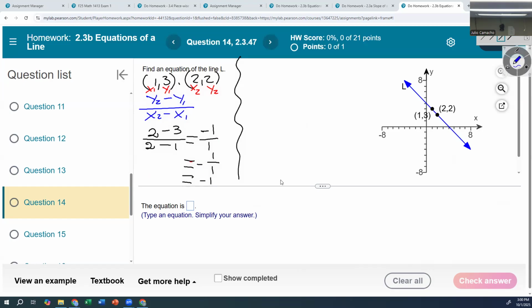So using this information, I will use my second formula. My second formula is the point slope: y minus y1 is equal to m times x minus x1. So I need my data. The point I will use will be 2, 2, and my slope is negative 1.